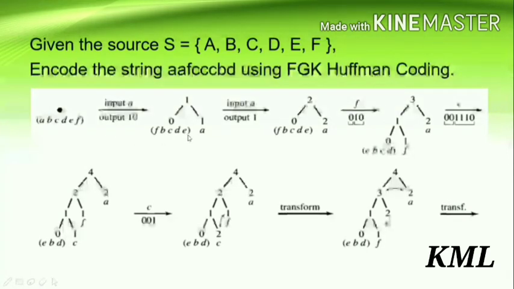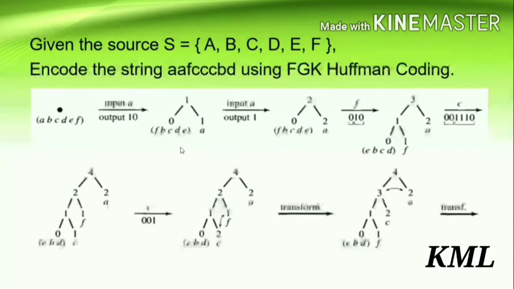Okay, so next step, we initialize this A to 1, then create a new parent for that A and initialize that also to 1. And what we do, we make the 0 node the left subtree of that parent and the input letter the right subtree of that parent.